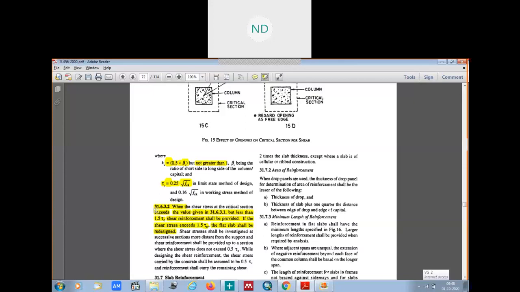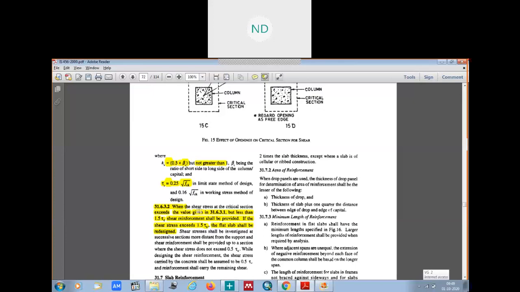Got it? In our case, the shear stress in the critical section was greater than tau c according to IS code, clause number 31.6.3.1. When it is greater, we know we will provide reinforcement. But what else do you have to do?